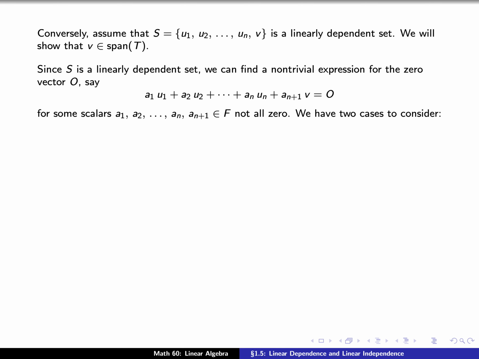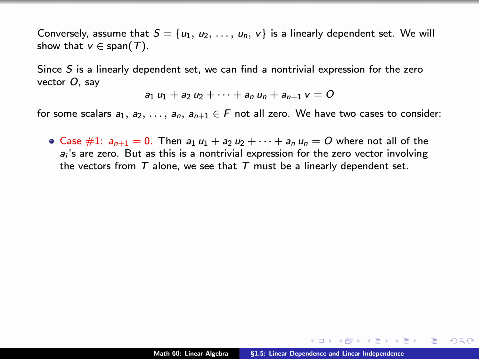We're going to consider two cases. First case is when the last coefficient, a sub n plus 1, is 0. Then this means that we have a sum a1 times the vector u1 plus a2 times the vector u2 plus ... an times the vector u sub n is equal to the 0 vector. Notice that the only vectors that appear in the sum are vectors from T alone. But now, we knew from the start that a sub 1, a sub 2 through a sub n plus 1 are not all 0.